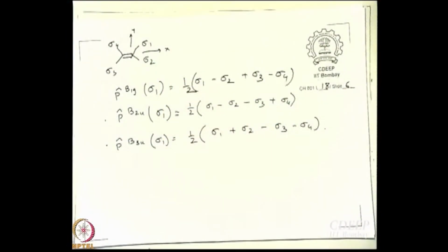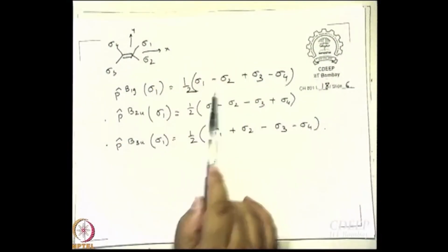Now, can you tell me whether this SALC is normal to this SALC or not? These are ungerade, right? B2U. So, the character for something in C2, something will be negative, right? Other than A1G.